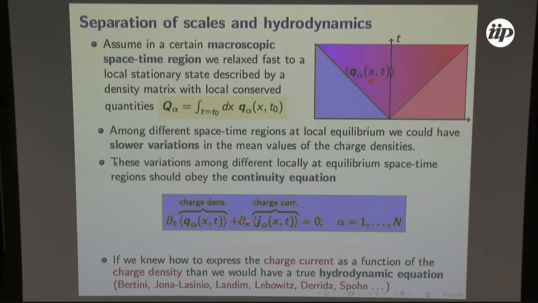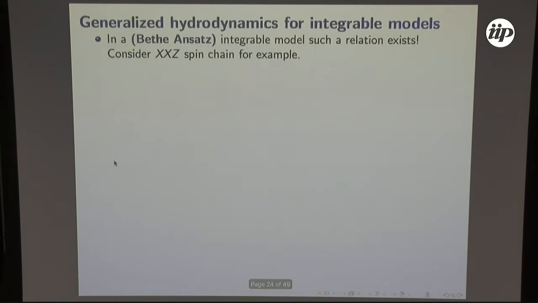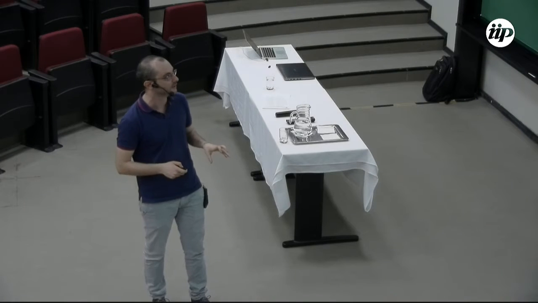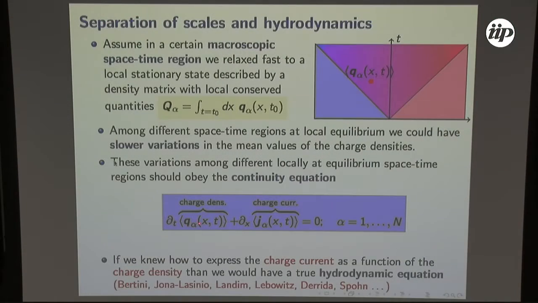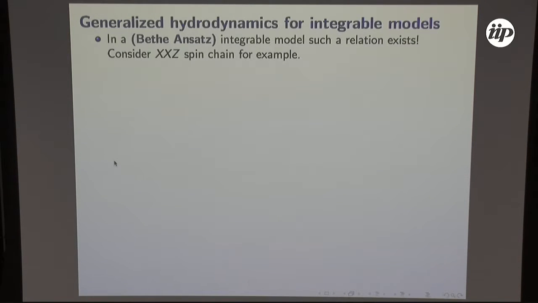This has a long history. It goes under the name of macroscopic fluctuation theory, and it was especially applied to classical systems. But essentially from 2016, it was proposed to use the same type of hydrodynamical approach to treat also 1D quantum systems, where you know how to express J in terms of Q, the current in terms of the density.